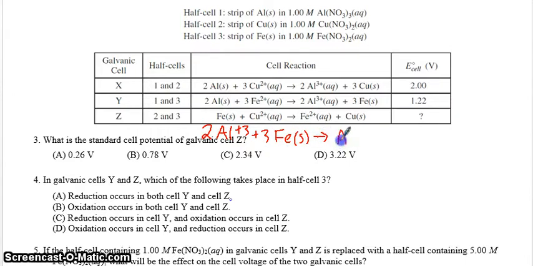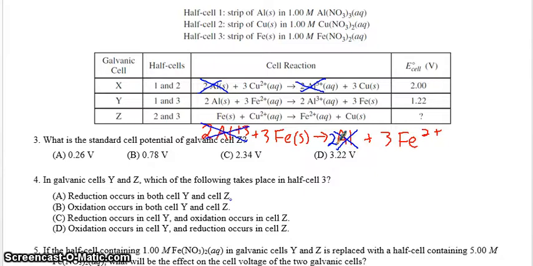And then you have aluminum on the right side and 3 iron 2+ on the right side. What you'll see happening now is that the aluminum 3+ will cancel out with this aluminum. The regular aluminum will cancel out with this regular aluminum. I forgot a 2 in here. The irons then will stay.